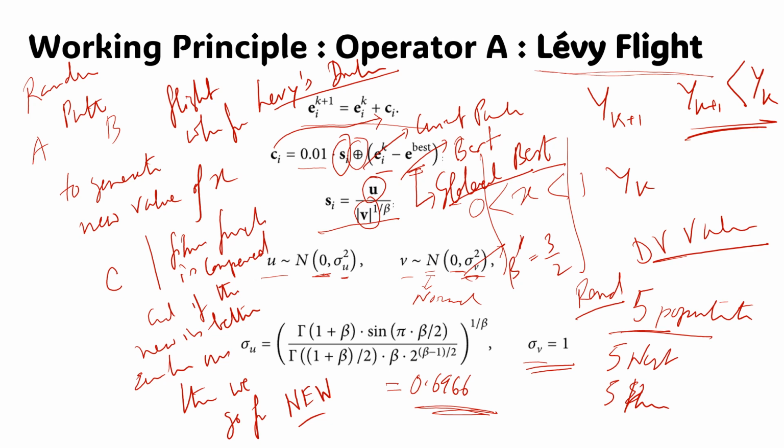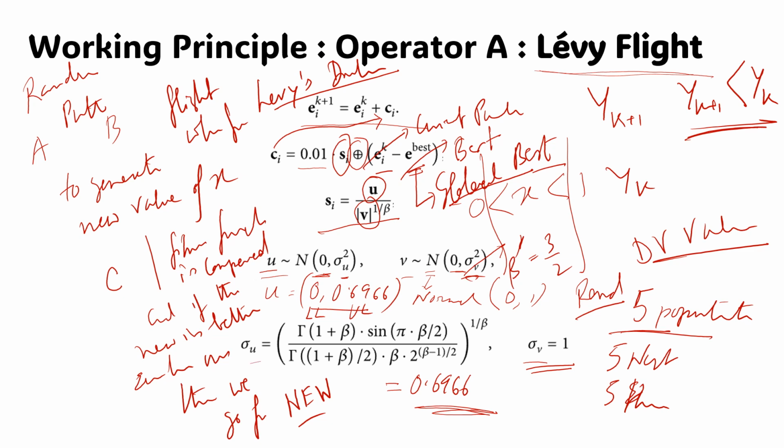What he is saying is that normal distribution values from 0 to 0.6966 can be used as the value of U. Any random value we can take from this range, with a lower limit and an upper limit. For V also it is the same thing, but here it is more definite, a 0 to 1 random value, normal distribution.